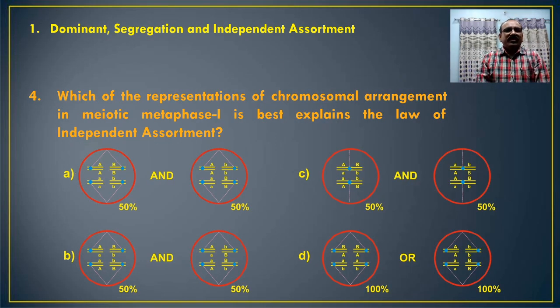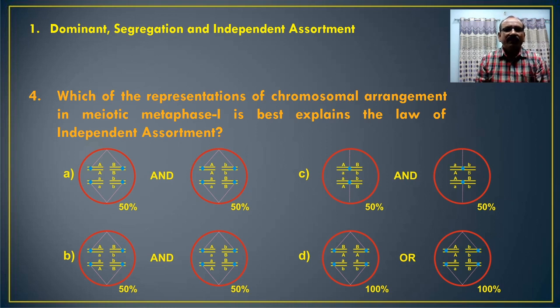Here in question number 4 on dominant segregation and independent assortment: which of the representations of chromosomal arrangement in meiosis metaphase best explains the law of independent assortment?